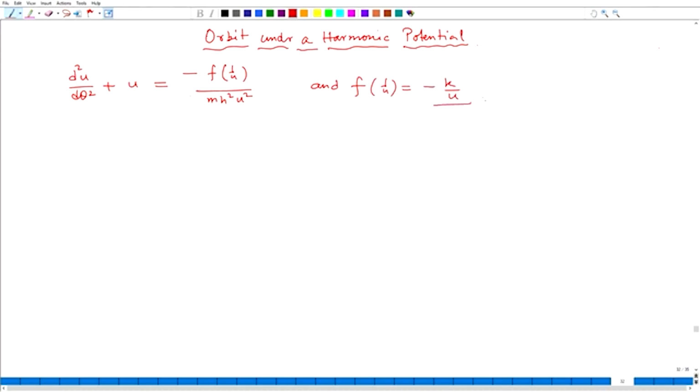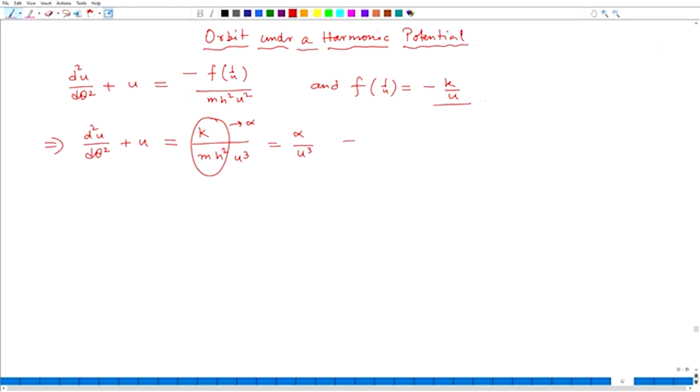So, this is exactly equal to minus k by u, and then you can write d2u d theta 2 plus u is equal to k by m h square u cube. Since this is a constant, I call this alpha. So, this will be alpha by u cube, okay, where alpha is nothing but k by m h square.